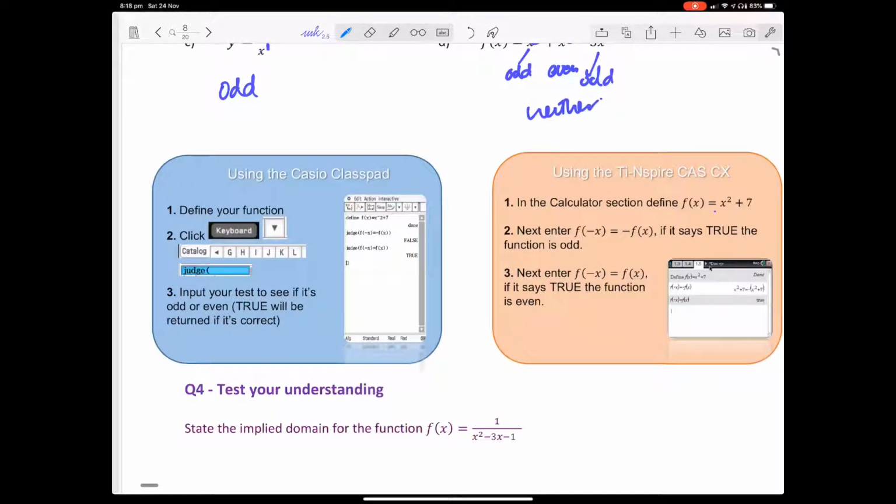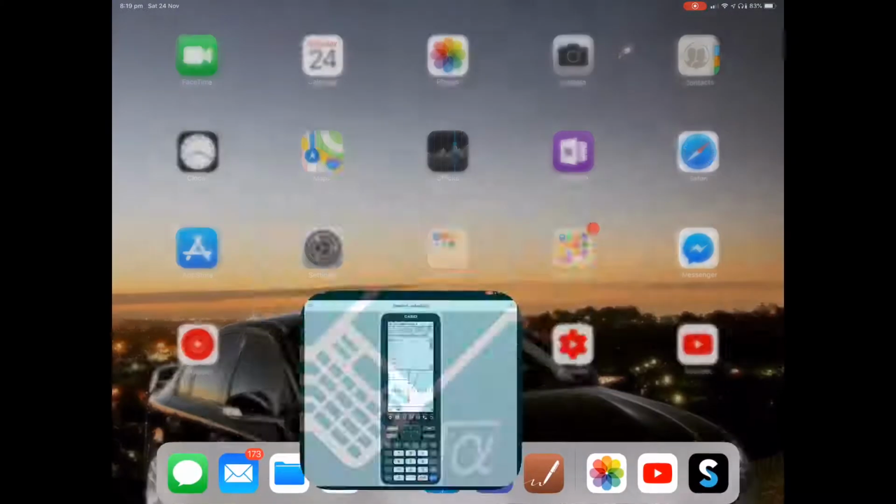Now, with this here, I've shown how to do it on the Casio ClassPad. You define the function, and then you use the judge function. So x squared plus 7.